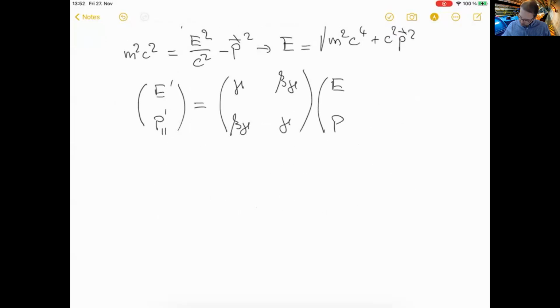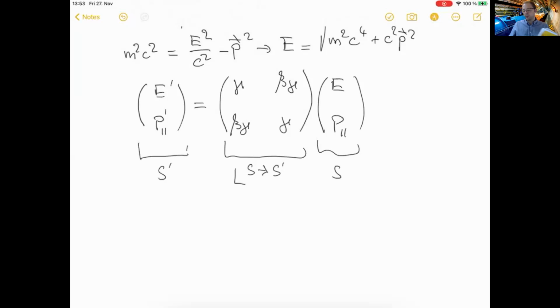Typically, these components are measured in a system S. This is the Lorentz transformation that gets you from S to S prime, a system that moves with respect to S with constant velocity, and these are the components then as measured in the system S prime.